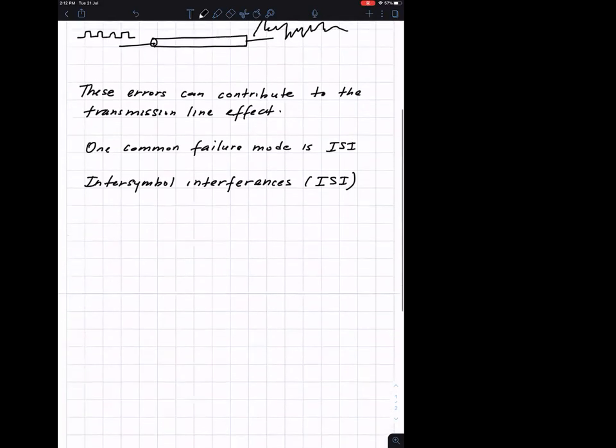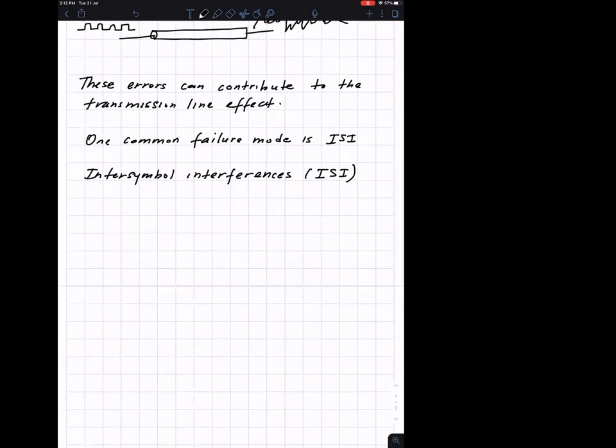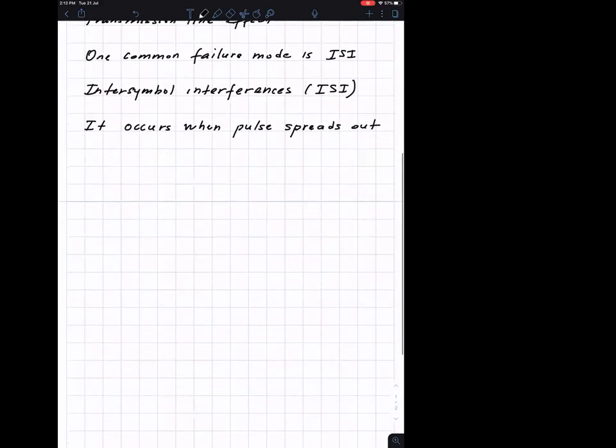What this is, it occurs when a pulse spreads out. Okay, whenever you have a transmission line again.